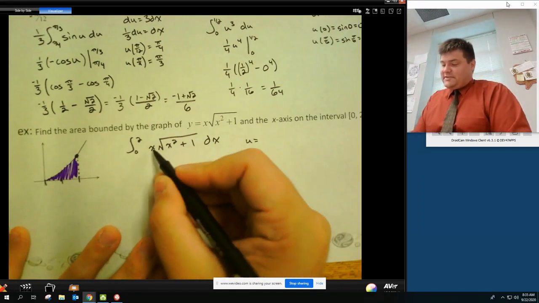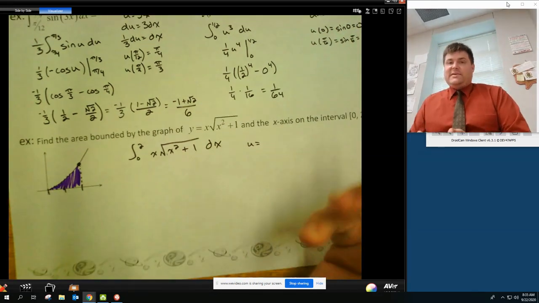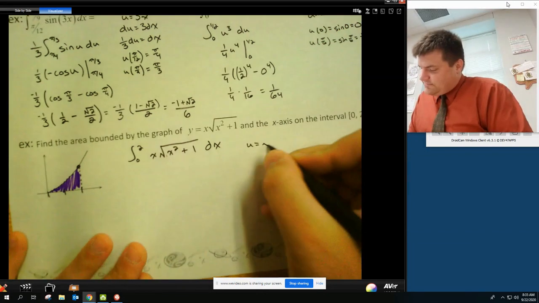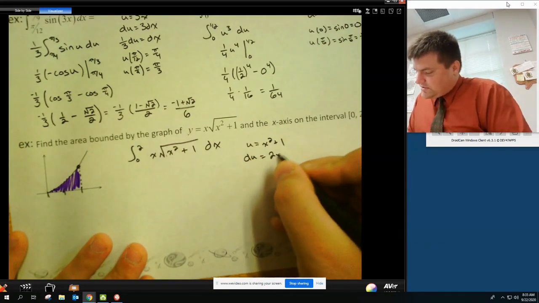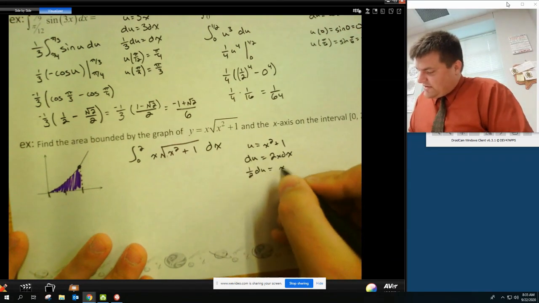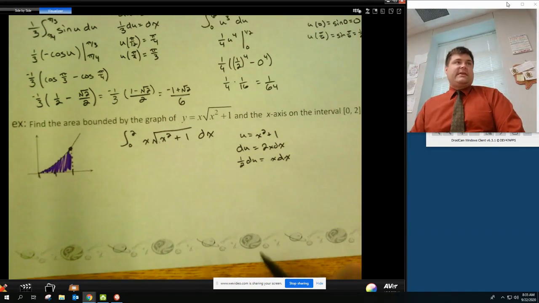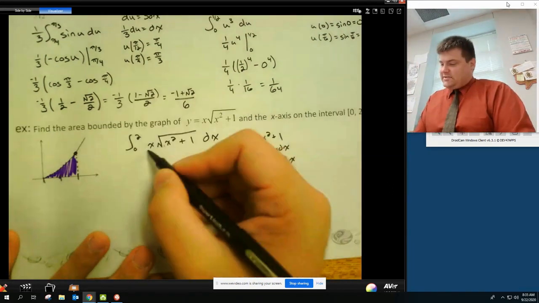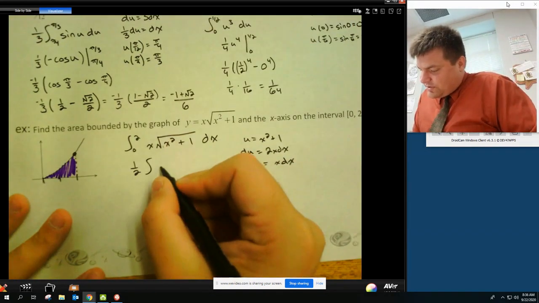I really want to get rid of this x dx, and I can do that because I know the derivative of x squared plus 1 is going to give me some type of x dx. So du is going to equal 2x dx. So half of this du equals x dx. Okay, so now this x dx goes away, it turns into a 1/2 integral from u to the 1/2.